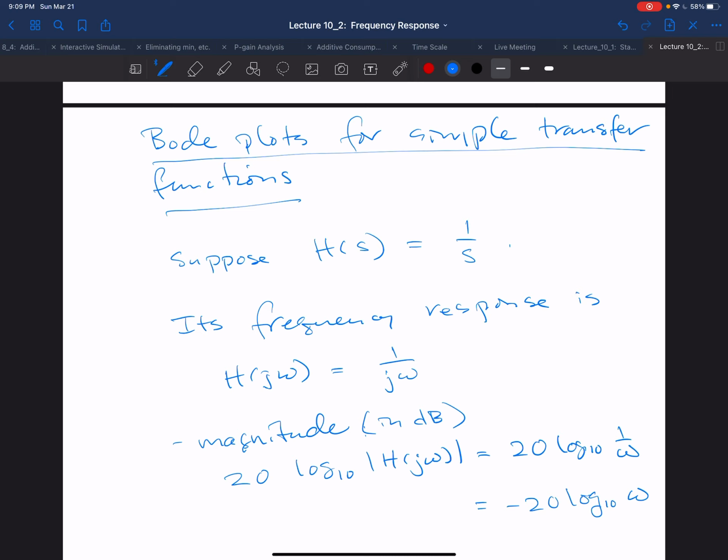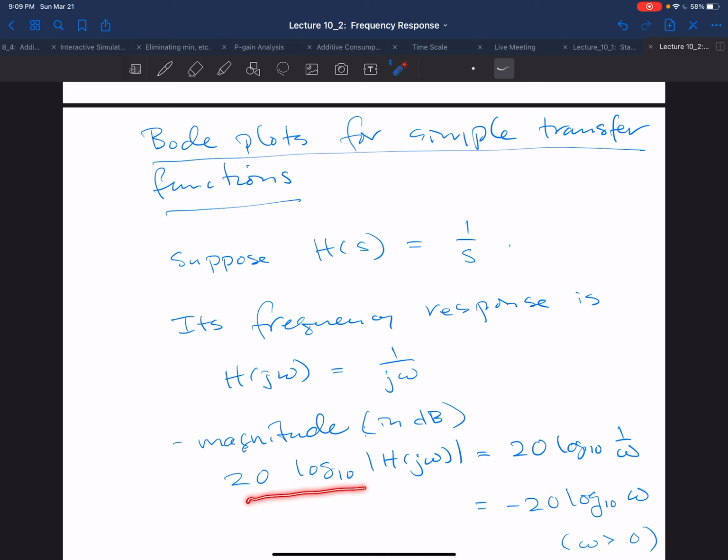We're talking here about omega greater than 0. That way we can take the logarithm. So we're talking only about positive values of omega.